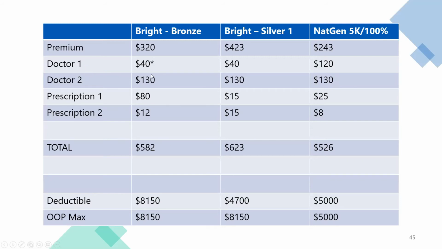This assumes a standard cost every month, which is very likely not going to be the case. And after 3 visits, this one's going to go up, which would exacerbate this discrepancy even further. And then we see an extremely high deductible and out-of-pocket max, versus a much more reasonable deductible and out-of-pocket max.